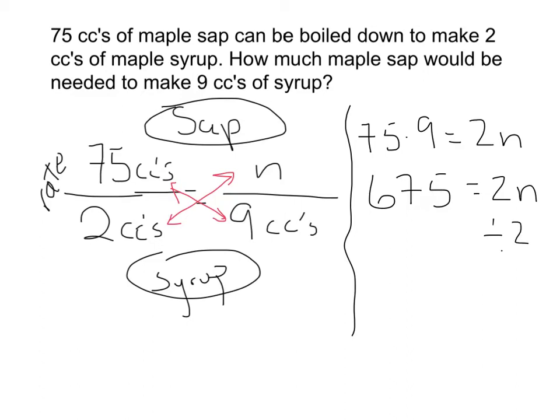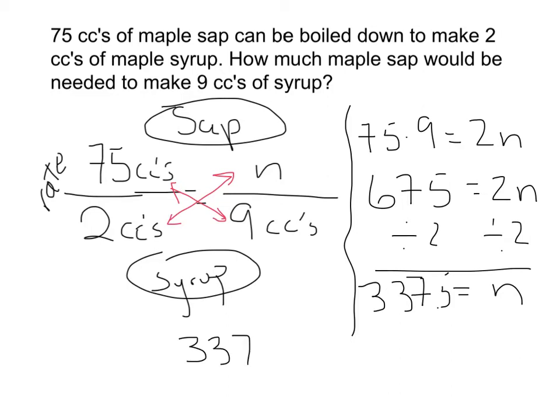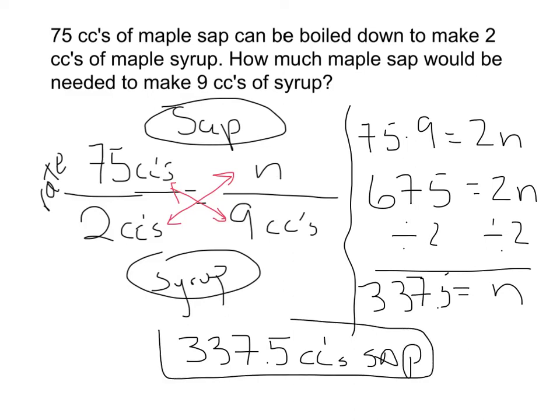We divide each side by 2, and we get that n is equal to 675 divided by 2, which is 337.5 cc's. So we need 337.5 cc's of sap to make 9 cc's of maple syrup.